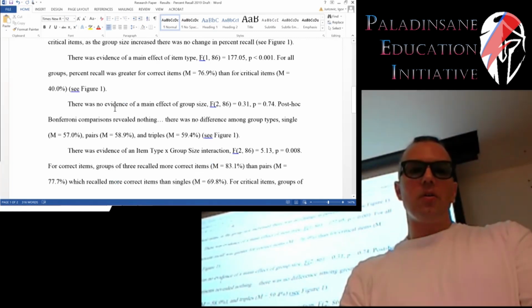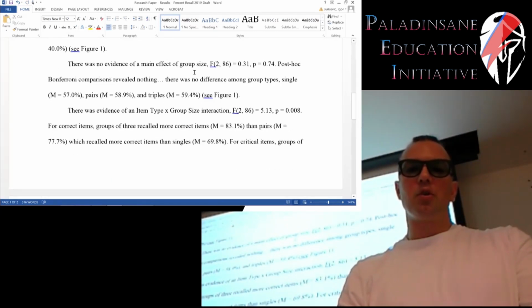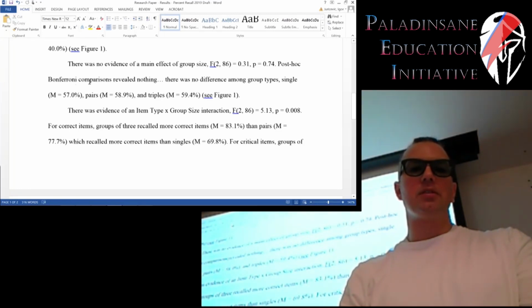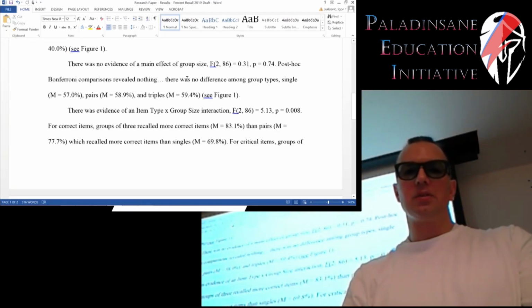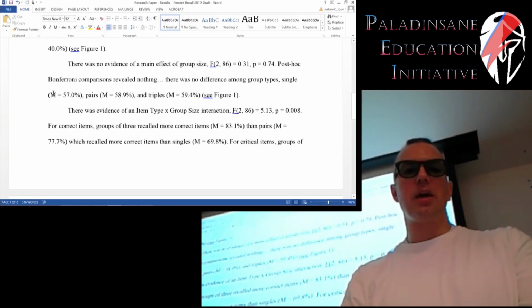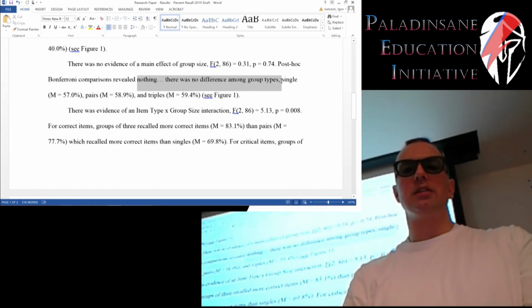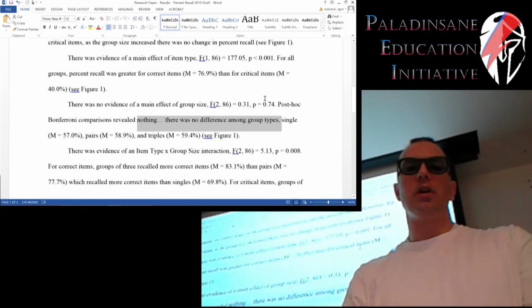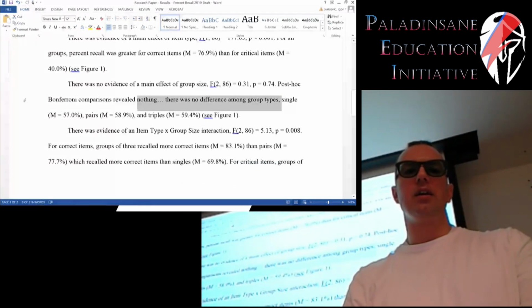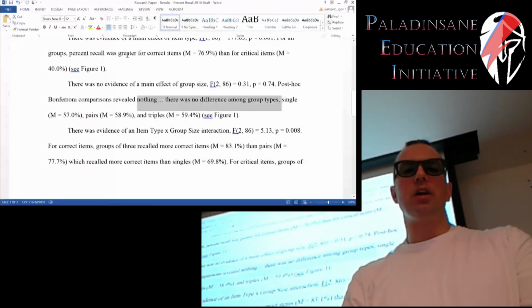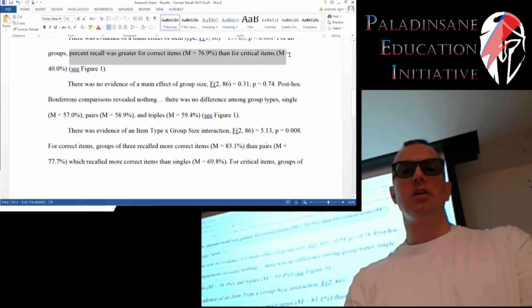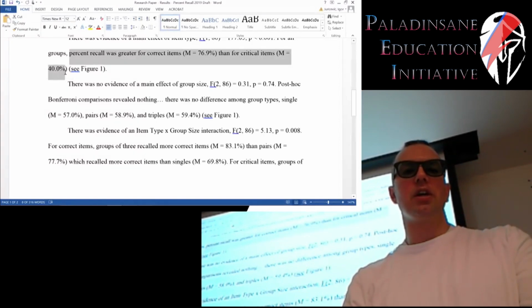All right, so there was no evidence of a main effect of group size. Post hoc Bonferroni comparisons revealed nothing. There was no difference among group types, singles, pairs, and triples. So once again, we need to change this. We can use this same sort of structure here.